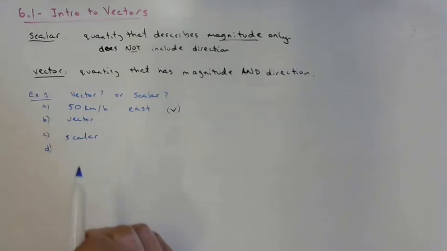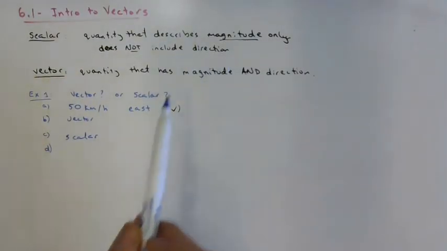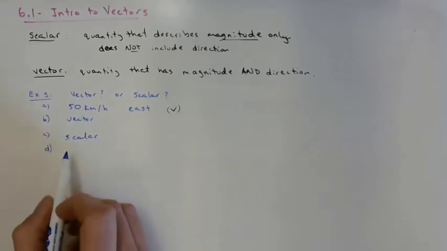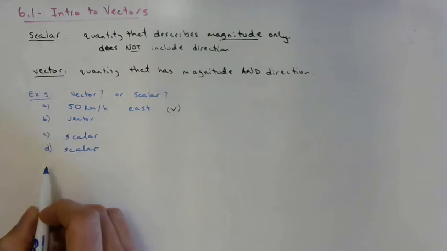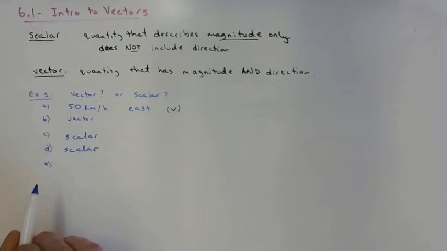Yeah, so it is a quantity, but it's a scalar quantity because there's no direction included. Good. D, a woman skiing at a speed of 25 kilometers per hour. Scalar, and notice that it's speed. If it were a vector, it would have direction, and then that would be velocity, not speed. So speed is a scalar measurement.